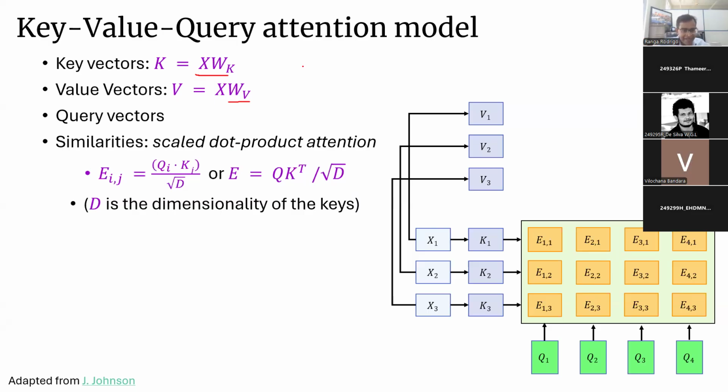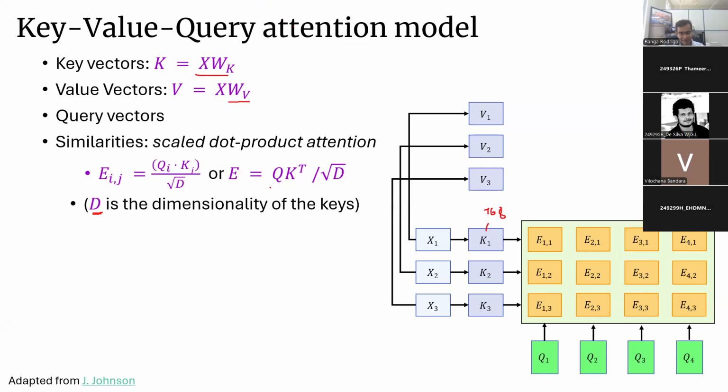But there is an important thing here. When you get the similarity, you have to divide by the square root of d, that is a finding of the Vaswani paper, where d is the dimension of the keys. So these keys may have, maybe, 768 dimensions or something. So you have to divide by the square root of 768.